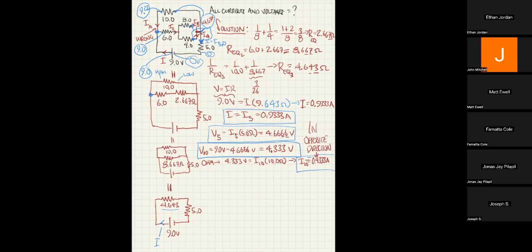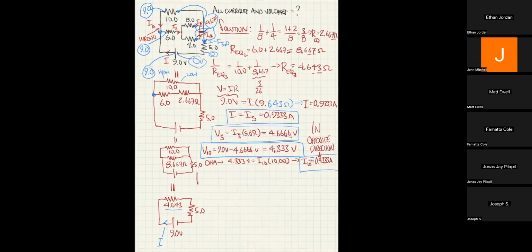So, all right, now that we have that, we can also say, well, I know that basically 0.933 is going into the junction. 0.4333 of that is going up to the 10. So I6 has got to be, make sure I'm in red, let me write it as Kirchhoff's junction rule. Remember, Kirchhoff's junction rule says the sum of the things coming in is equal to the sum of the things going out.